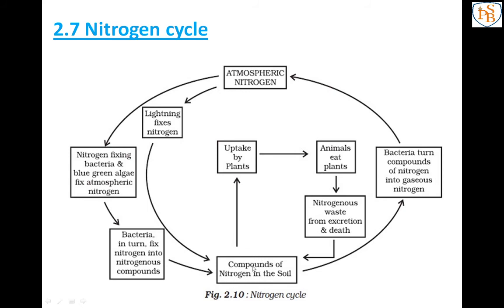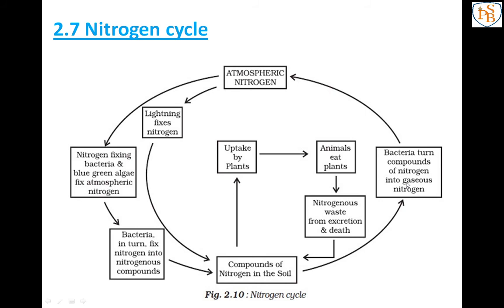This nitrogenous compound is taken by plants, and these plants are eaten by animals. When the animals die, that waste is mixed in the soil, and sometimes the bacteria take this nitrogenous compound, convert it into gaseous form, and this gaseous nitrogen again mixes in the atmosphere. So like that the cycle is going on.